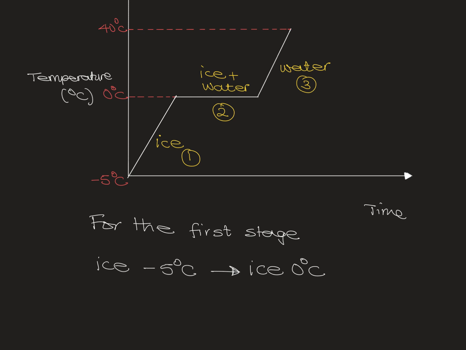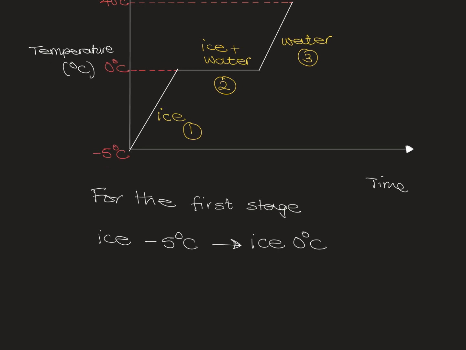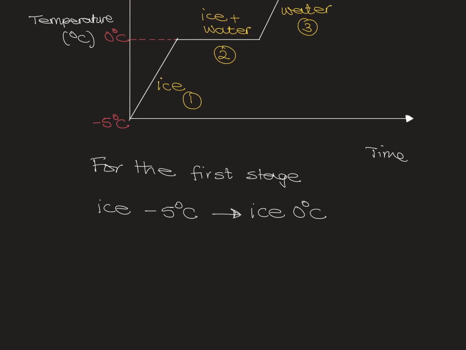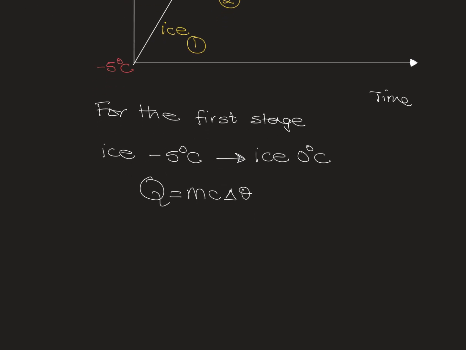So whenever there is a change in temperature, the formula that we have to use to calculate the quantity of heat is that Q is equal to mc delta theta. But in this case, that will be Q is equal to the mass of the ice times the specific heat capacity of the ice times the delta theta. Okay?